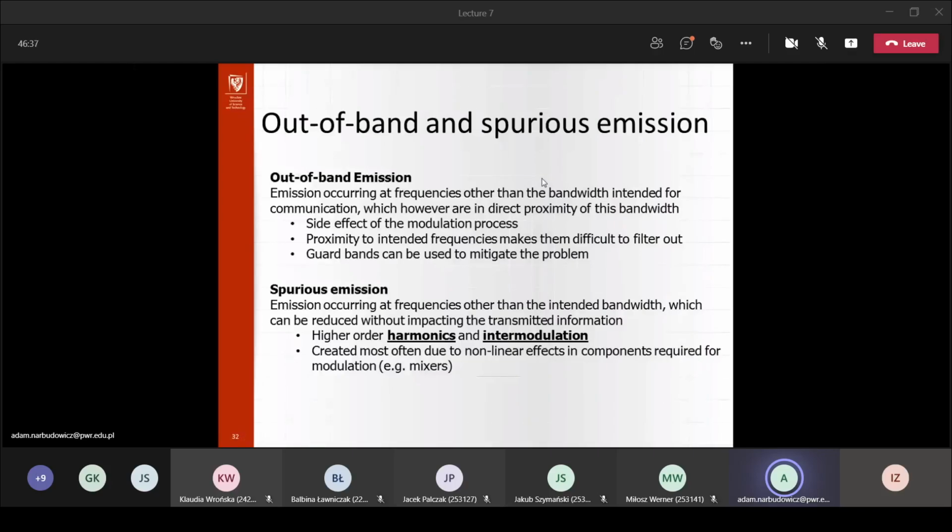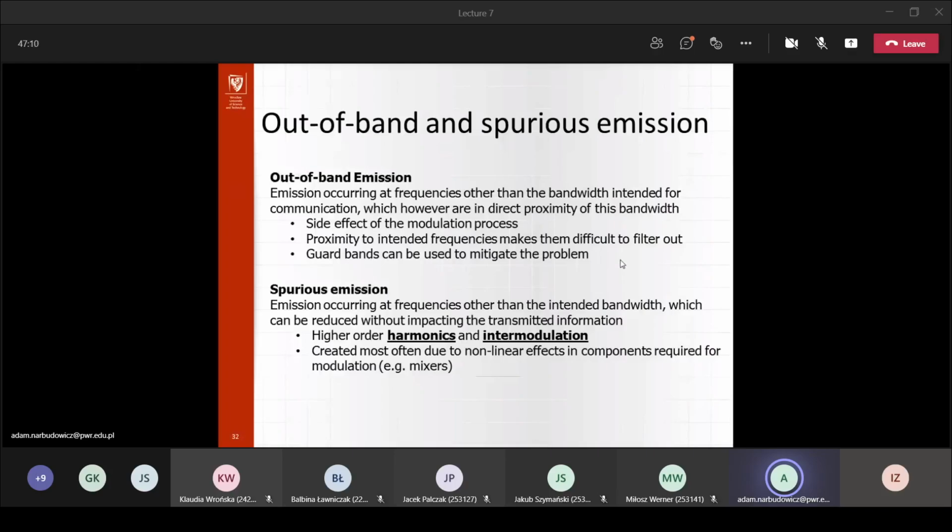Typically, we talk about out-of-band emission when, due to factors such as imperfect filtering, filter slopes, or some Doppler shift, your signal exceeds a little bit the bandwidth, right?